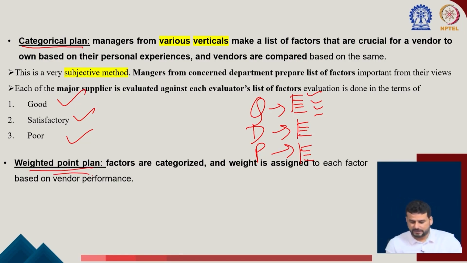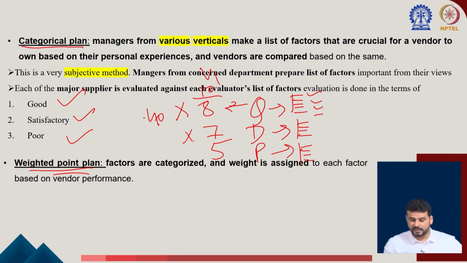Weighted plan, I already talked to you about. Let's say for quality, one person gave a score out of 10, and we are evaluating vendor 1, right? So vendor 1 got 8 on quality, 7 on delivery, 5 on price, right? Now I will provide the weightage. Quality is, let's say, 40% important.